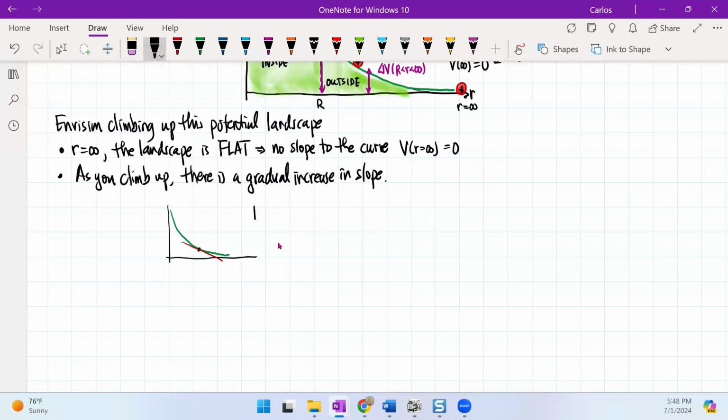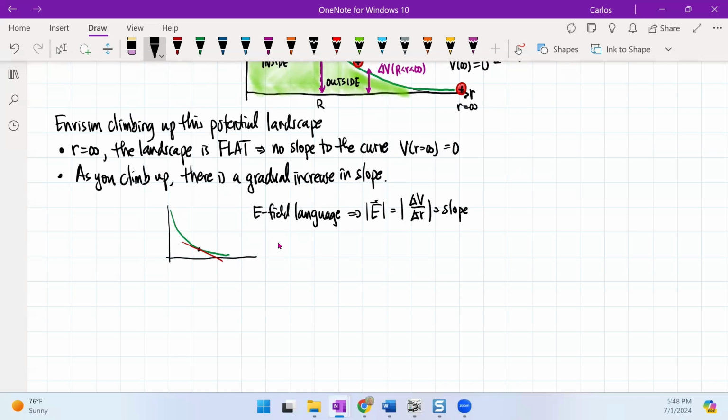So in E field language, we say that the magnitude of the E field is equal to the magnitude of the slope.